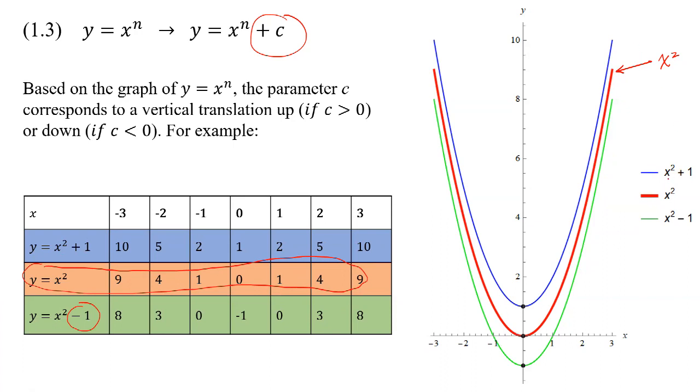And if we add a 1 at the back of the original function, this corresponds to a vertical translation up by just 1 unit, right? And if we put a -1 at the back of the original function, this corresponds to a vertical translation down by 1 unit, which becomes x squared minus 1, right?